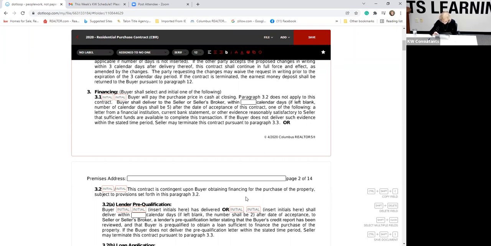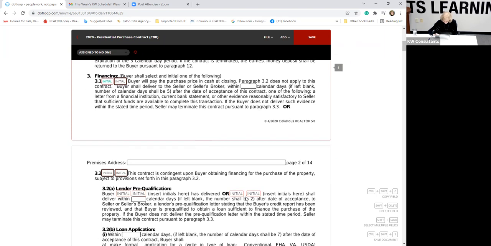3.1 is that they will pay cash. You would click to initial, and you'd assign their initials.